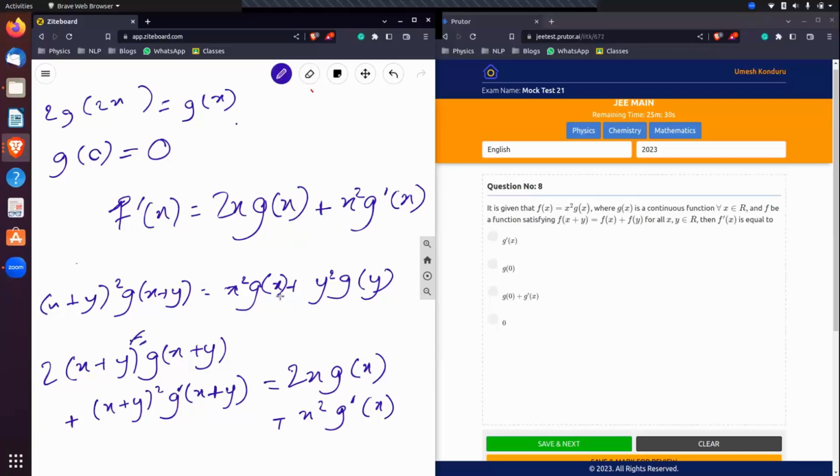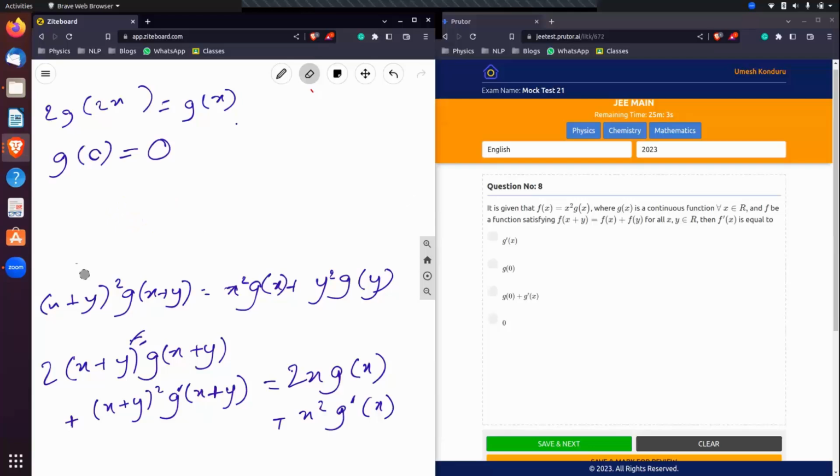The one thing we can possibly do is that since we figured out that g of 0 is 0, if this option is correct, then this option also has to be correct. So we can eliminate these two options. When you're not able to solve a question, these are good tricks to keep in mind.